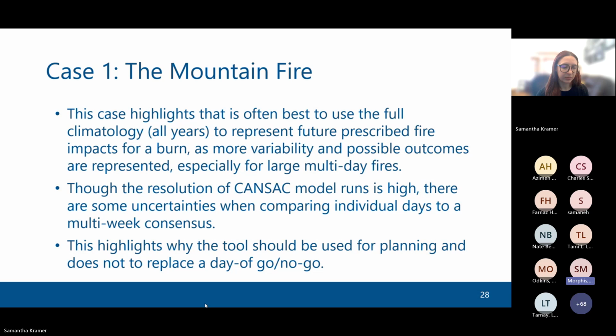And to take it a step further, since there are some regulators on the call that are involved in the day go no go decision making process, I just want to throw an idea out there. We've yet to be able to identify the perfect windows, and we know that we may need to take advantage of all windows.